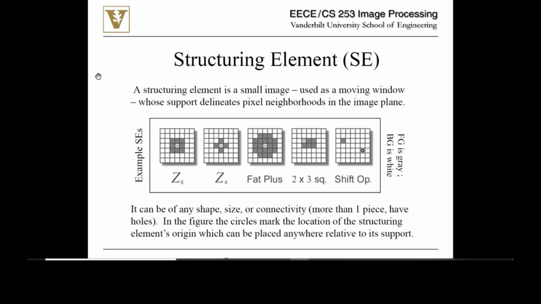And we will need another element for defining mathematical morphology operators. That is the structuring element. The structuring element is a kind of kernel, but now it is a binary kernel. Here, just for representation purposes, the background is white and the foreground is black.